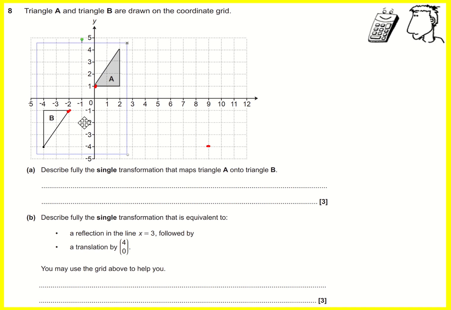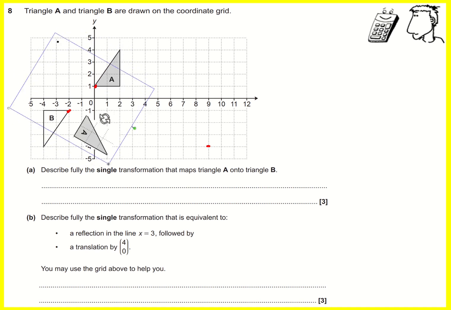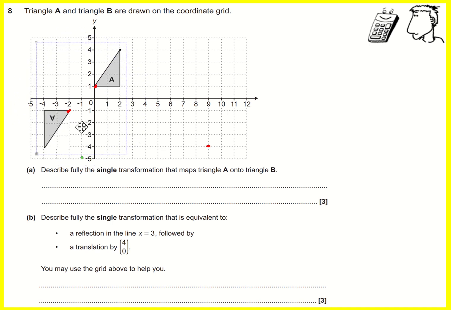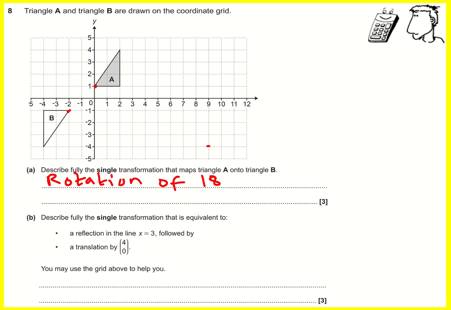And you'll find that if you put it on -1, 0 and move it around like so, then it will perfectly fit on. Brilliant. So it's going to be a rotation. And how much, I didn't actually say, but how much I rotate it by is 180 degrees.